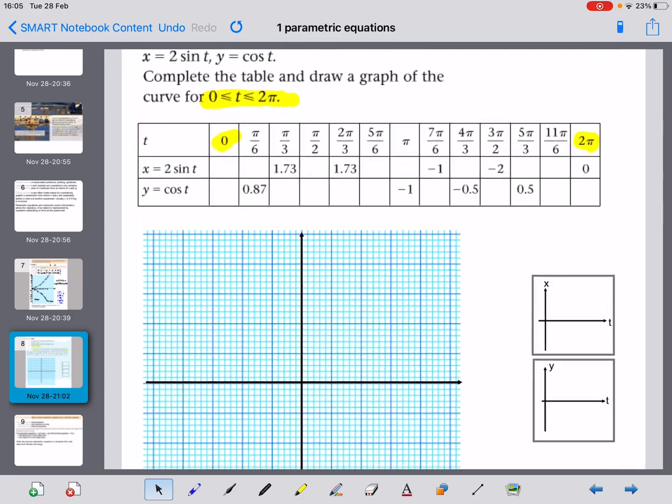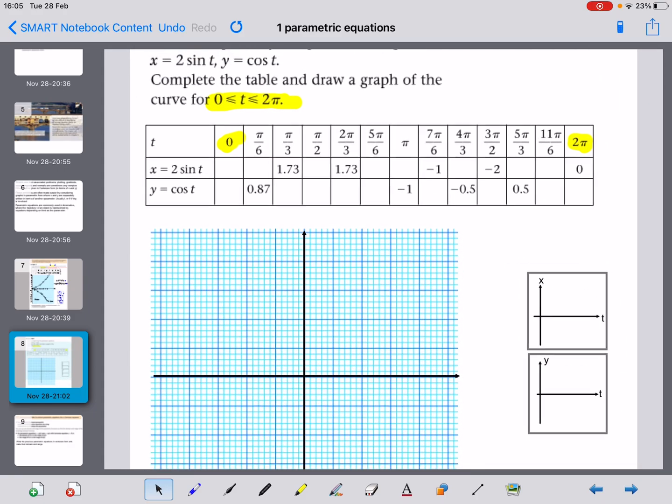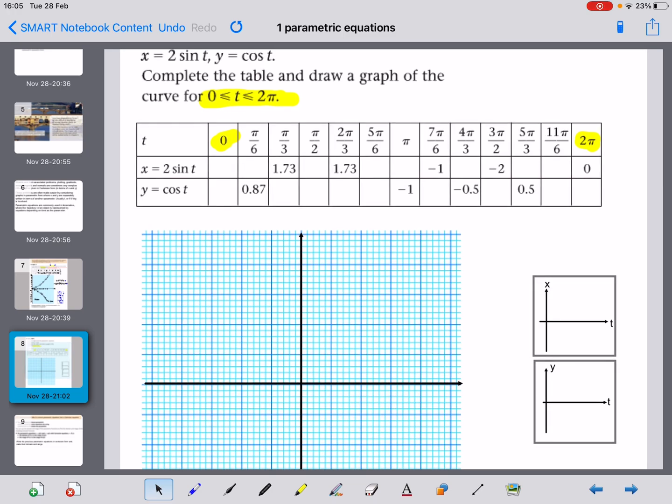So let's fill in the table. Okay, so when t is 0, x is 2 sine 0, which is 0. When t is pi on 6, x is 2 sine pi on 6.